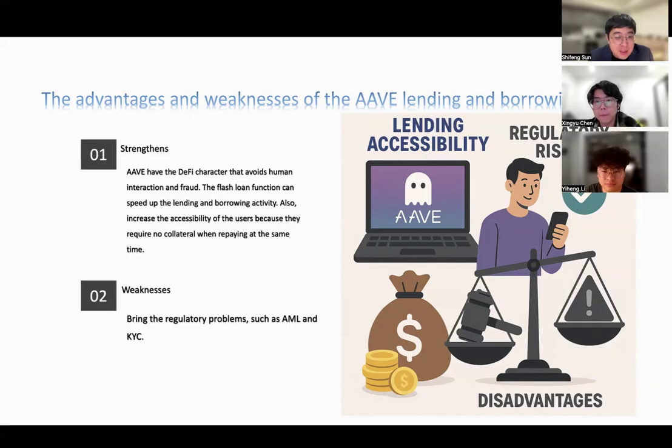However, significant weaknesses exist. The decentralized nature clashes with traditional financial regulations, bringing problems like AML and know your customer. These regulations require identifying users and monitoring transactions, which is difficult, often contradictory for a permissionless platform. Navigating this evolving regulatory landscape is a key hurdle and potential risk.